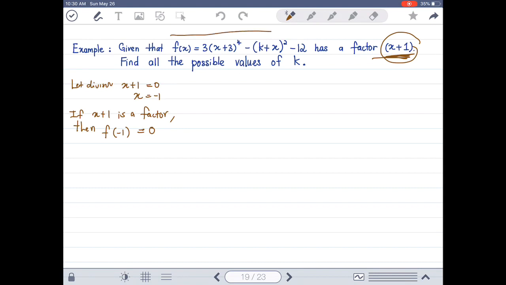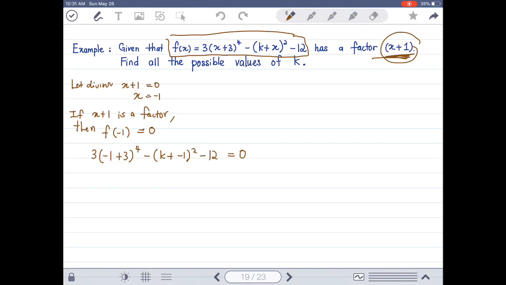So this is our f, which means that (3 times negative 1 plus 3) to the power of 4 minus (k plus negative 1 squared) minus 12 should equal 0.